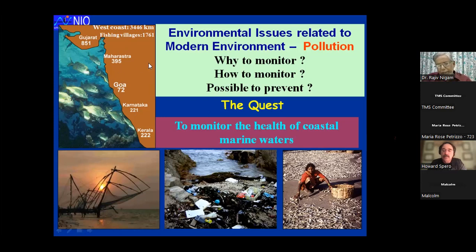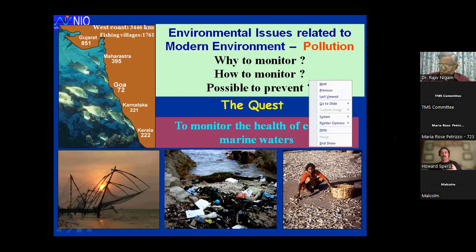Because a lot of industries and cities are polluting the coastal areas, there is a need to monitor the health of coastal marine water. The question is how to monitor, why to monitor, and whether it is possible to prevent the pollution in the coastal areas.